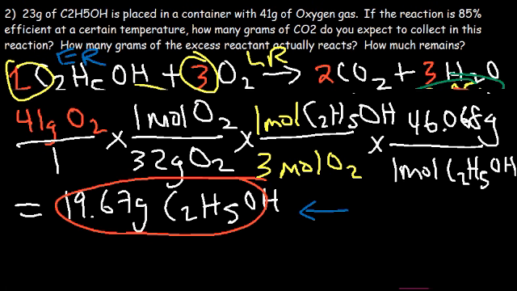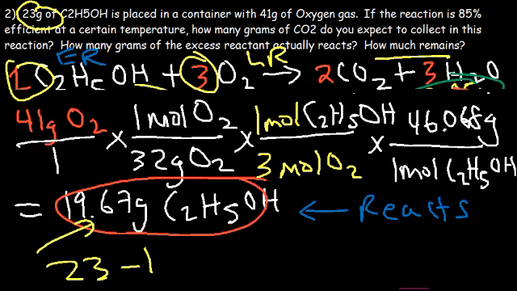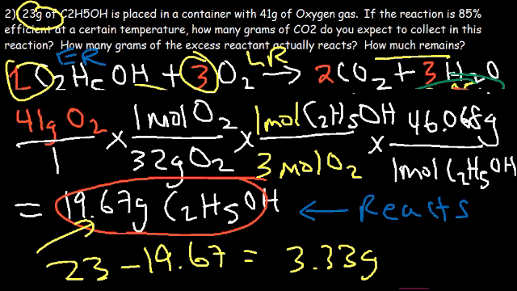So this is the amount that actually participates in the reaction. 41 grams of O2 reacts with 19.67 grams of ethanol. The amount that remains is the difference between 23 and this number. So 23 minus 19.67 is basically 3.33 grams. That's the amount of the excess reactant that remains after the reaction is complete.